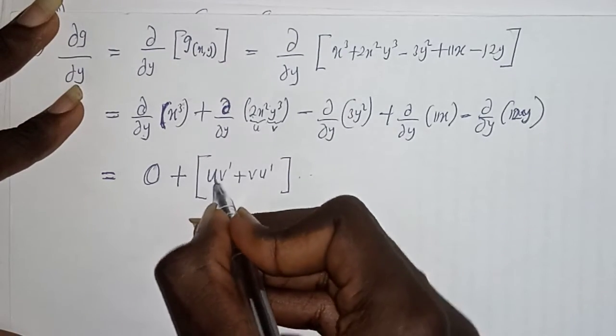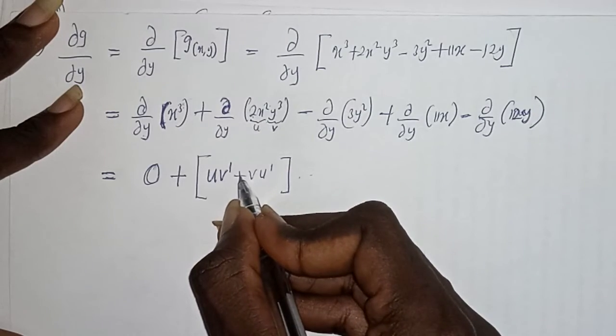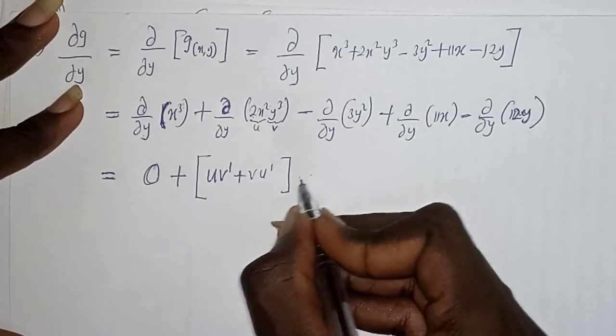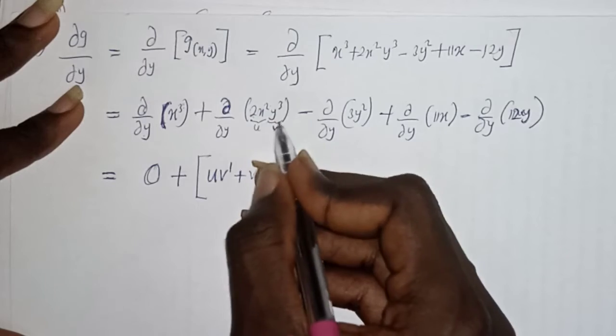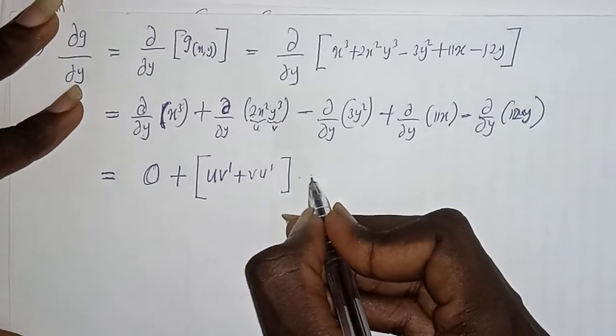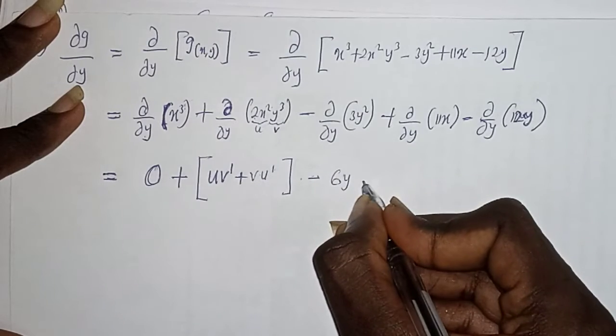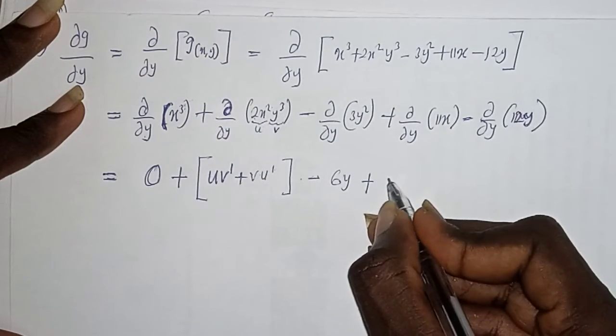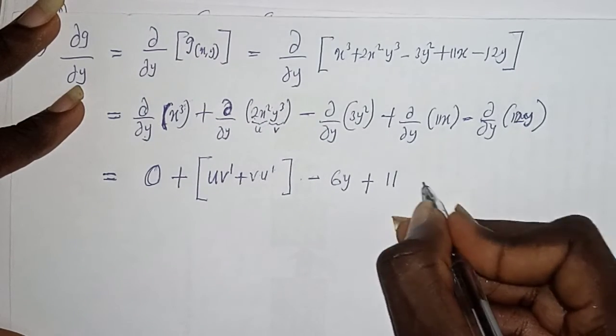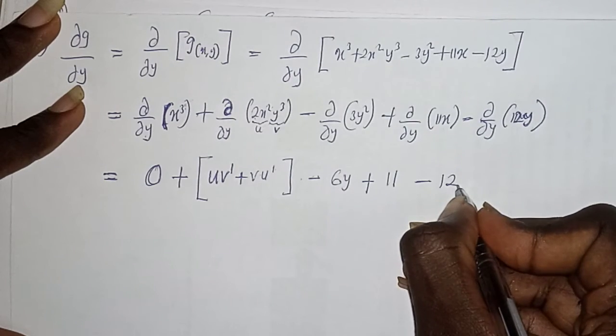So since we have uv prime plus vu prime, we can easily differentiate this using product rule, and then this will give us 6y plus this will give us 11, right? And this will give us 12.